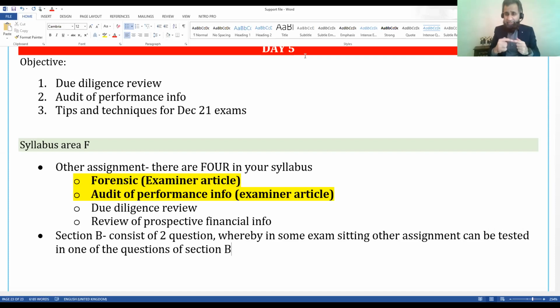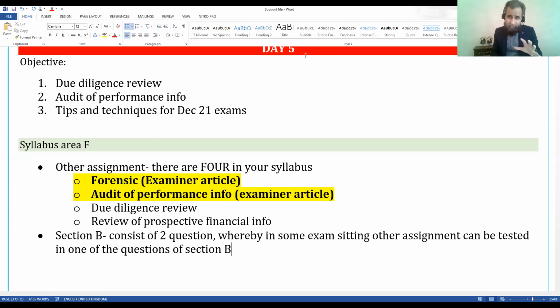Suppose you get a question on other assignments in March, you get a question in June, September, December. No, that's not the way. You might come across a question in March, and then in June, you might not come across it. Then it might come back in September. So it comes often, but not regularly.